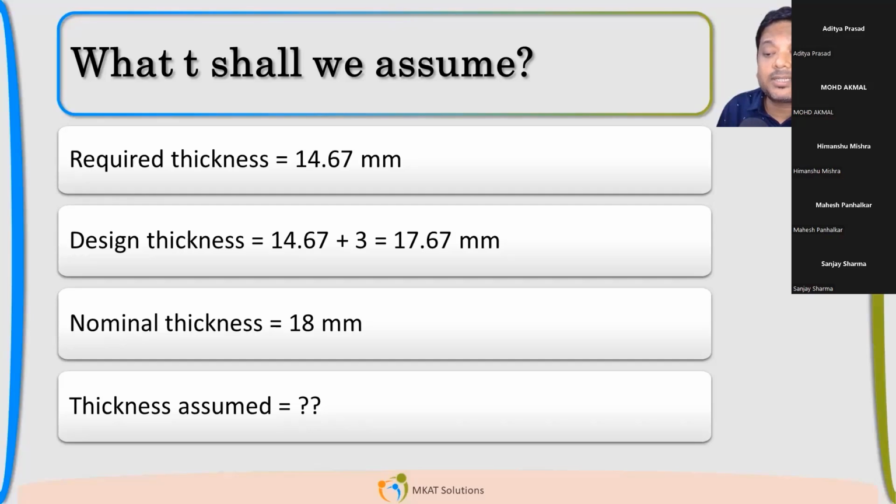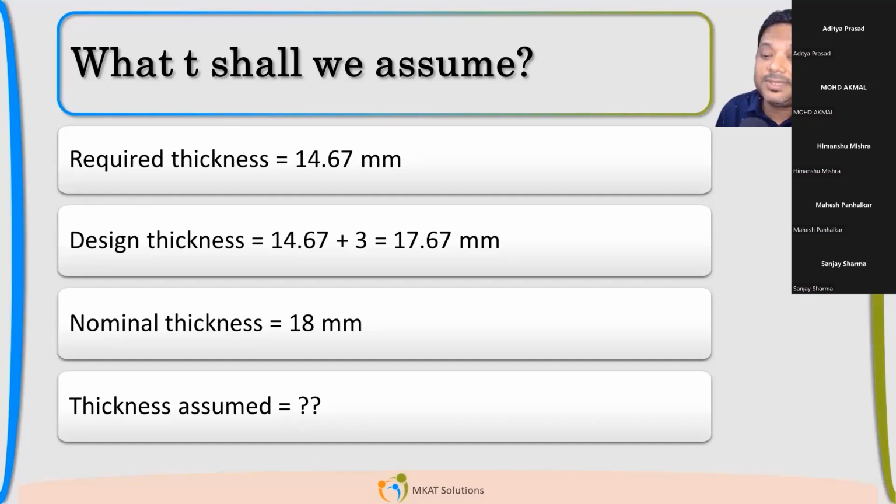If this is the thickness I need for design, I take a nominal plate, because we won't get all thicknesses in the market. So we get some standard plate thickness. In this case, I got an 18 mm plate, which we call the nominal thickness.